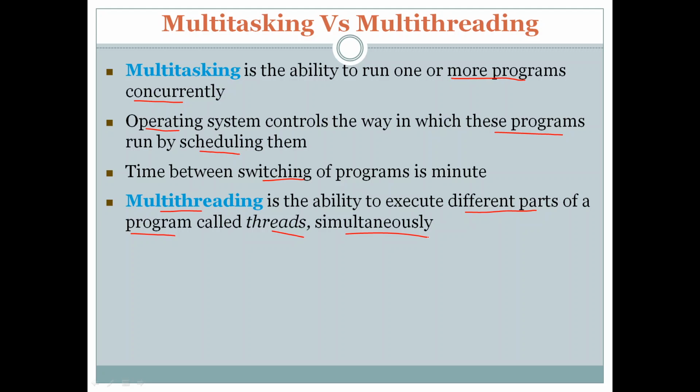The difference is that in multitasking multiple programs are executed, while in multi-threading we execute multiple threads of a single program. So one program is divided into threads, and those multiple threads are executed, then it is called multi-threading.